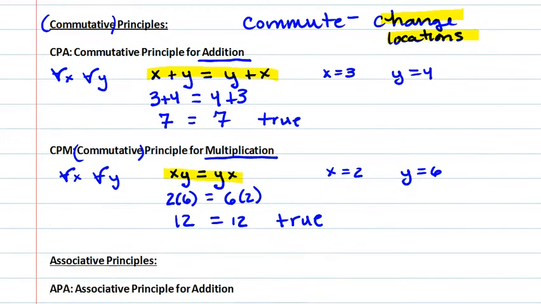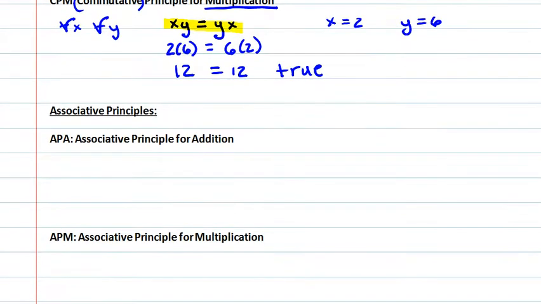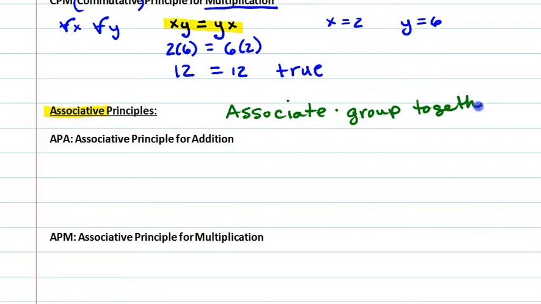Now let's look at the associative principles. Let's take this word here, associate. Well, when you talk about associating, it means to group together. So we're going to talk about the association of variables and numbers in addition and in multiplication.